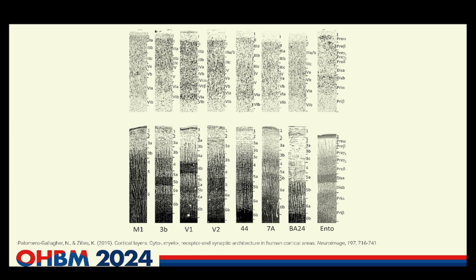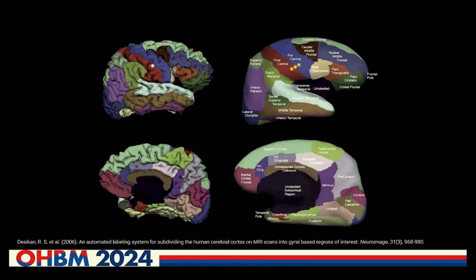And that actually when you're moving from, say, M1 to area 3A to 3B, the change in the cyto and myeloarchitecture is quite dramatic. And so the idea is that these areas can be defined based on their myelo and cytoarchitectural organization, and that these represent cortical areas.